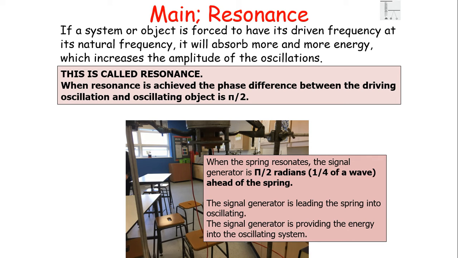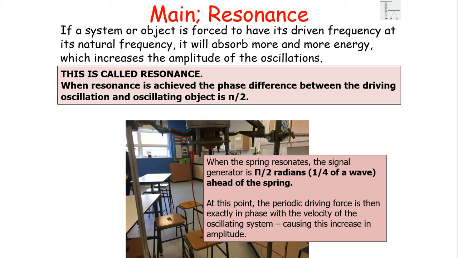So therefore the signal generator is leading the spring into oscillating because the signal generator is providing energy into the oscillating system. So at this point the periodic driving force is exactly in phase with the velocity of the oscillating system, which is causing this increase in amplitude, which is why we observe resonance, which is why it has to be pi over 2 radians ahead of the object it's driving.